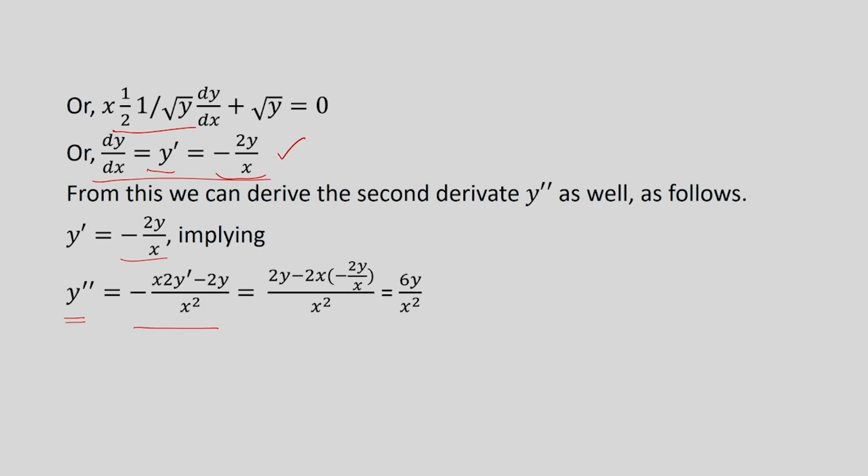On the numerator I have the denominator multiplied by the derivative of the numerator, so 2y that I differentiate with respect to x, I get 2y prime, minus the numerator multiplied by the derivative of the denominator, which will give me just 1. And what is y prime? So, y prime is substituted from here. So, I include that here, and if I simplify this a bit, I will get this expression, 6y divided by x square.